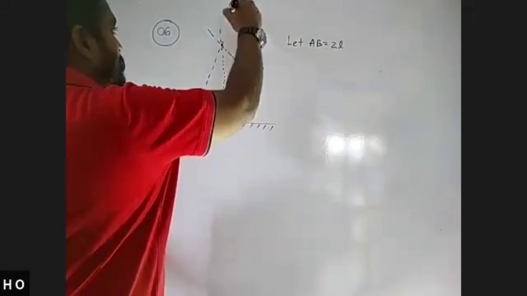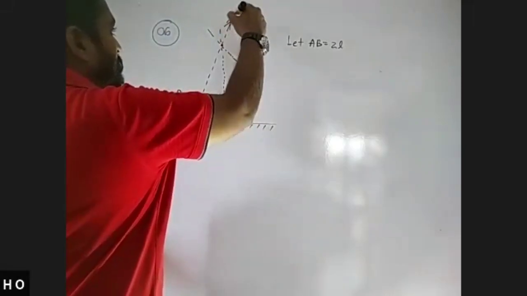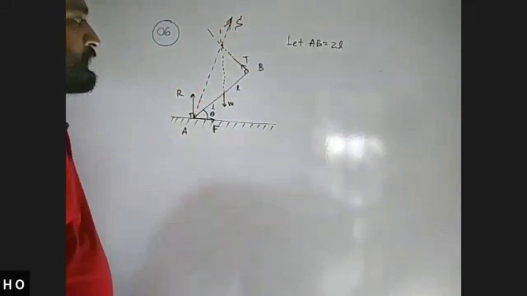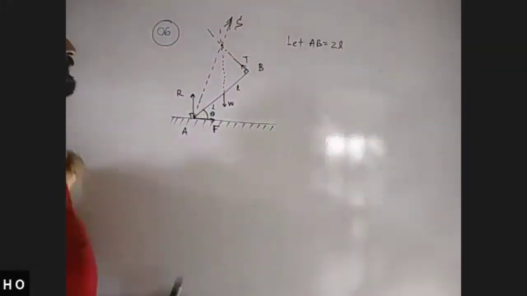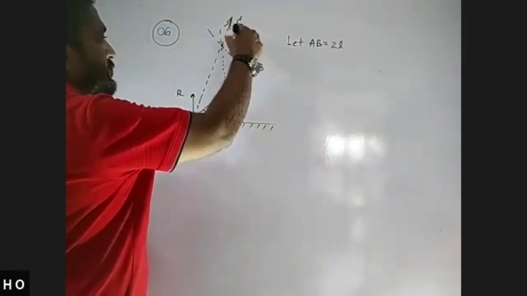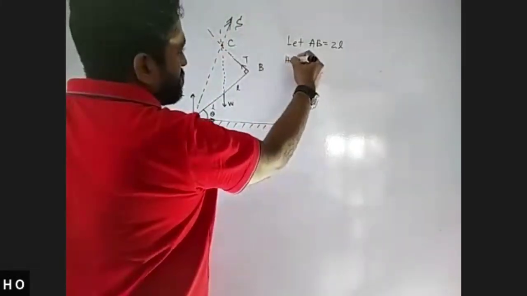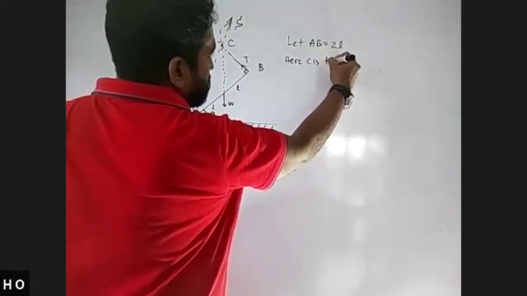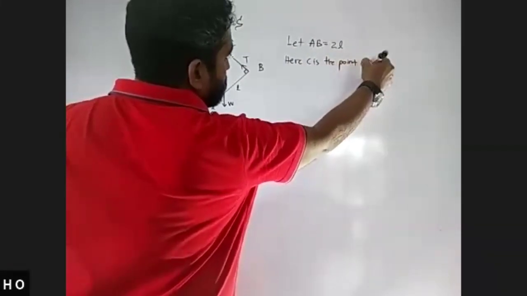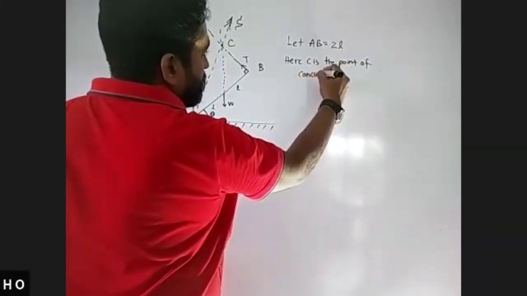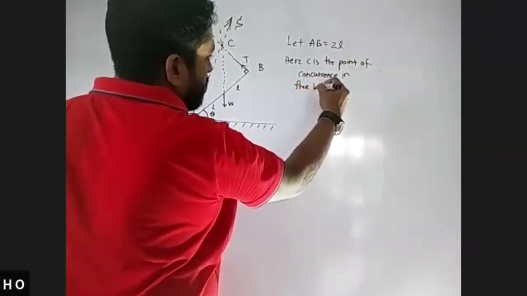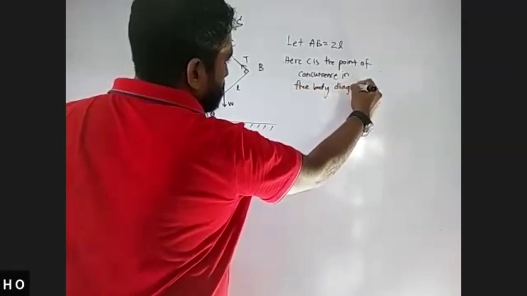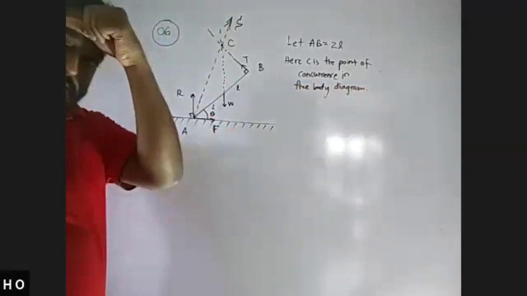Clear? So that is the point of concurrence. Thereby you have A, B. I'm going to name this point of concurrence as C. So here C is the point of concurrence in the free body diagram. All right.